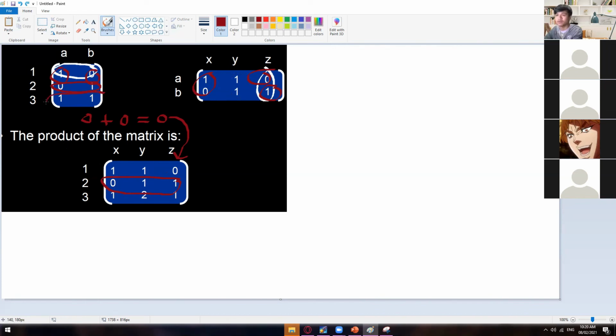Multiply this one here to get this one, and then this to the second column to get the second column, and then this to the last column to get the last column. So I will leave the second row and then third row as your self-study example. And how did we come up with those?